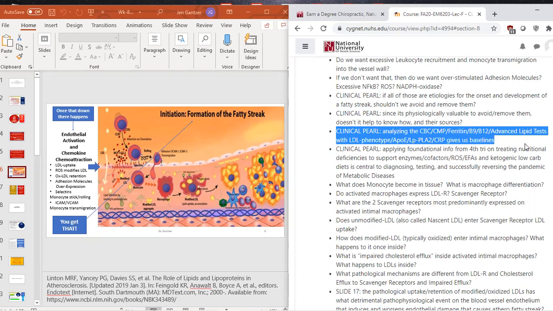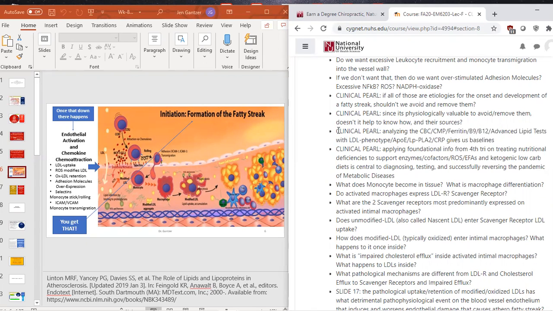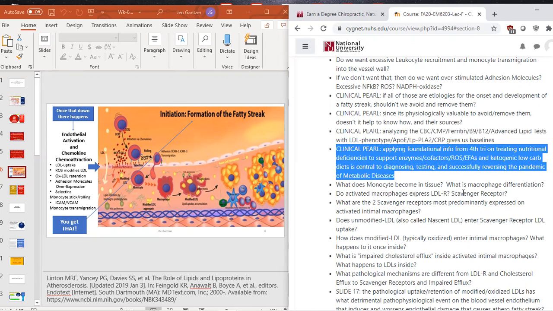Anything the CBC, CMP, ferritin, B9, B12, advanced lipid tests with LDL phenotype, ApoE, lipoprotein, PLA2, and CRP, it will give us baselines. I'm so proud of you, because this week you now know what all of that means, and you know what it's telling you, and you now know how to order it, and you now know what to do with it. Very proud of you.